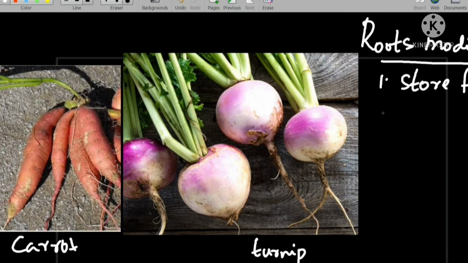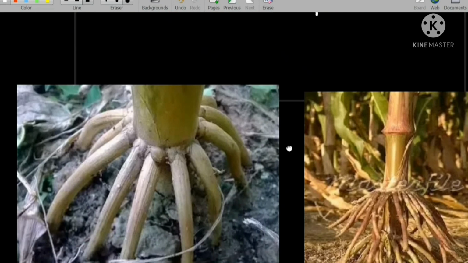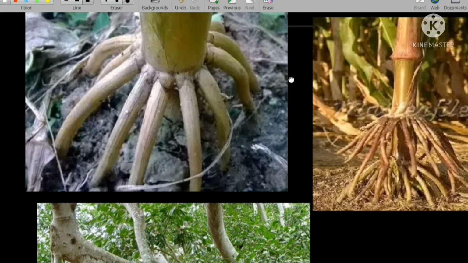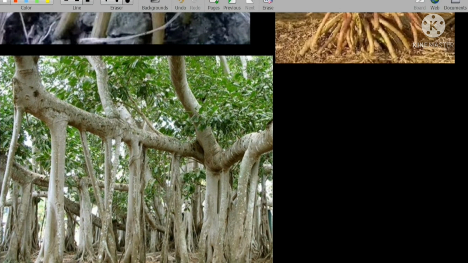So the tap roots of carrot as well as turnip can store food. Another modified function of root is to give support.